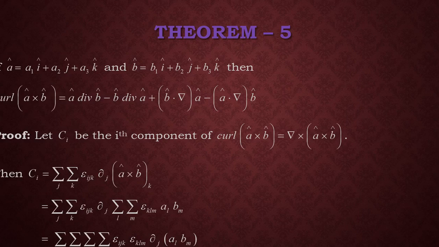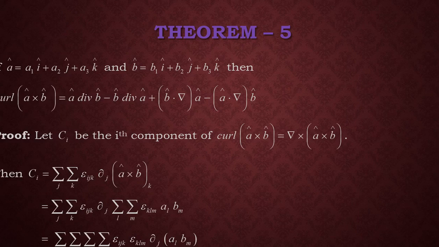Now let us substitute the kth component of a cap cross b cap in the representation of c suffix i. Then it becomes c suffix i equals summation sigma over j, summation sigma over k, epsilon suffix ijk, dou j, sigma over l, sigma over m, epsilon suffix klm, a suffix l, b suffix m.